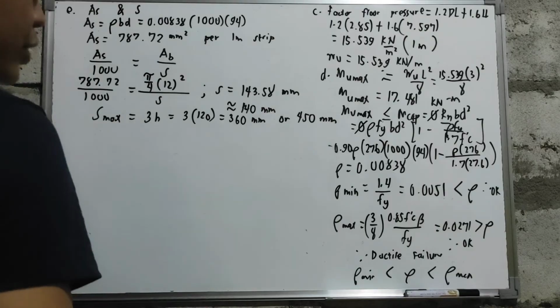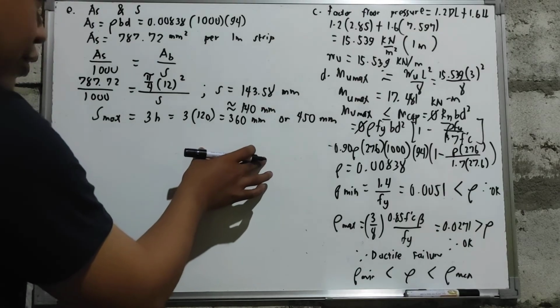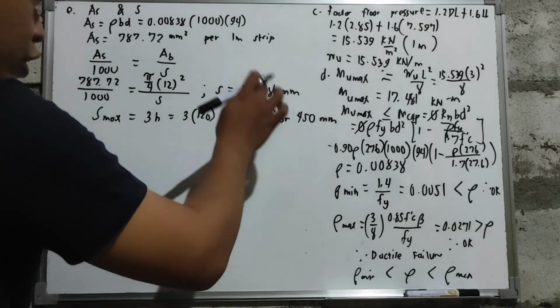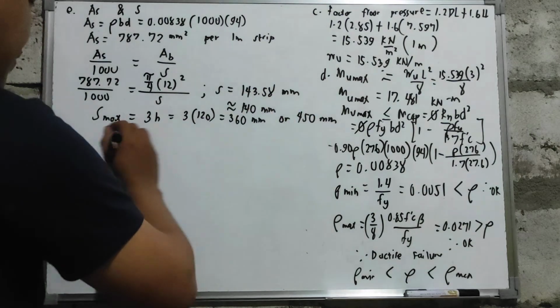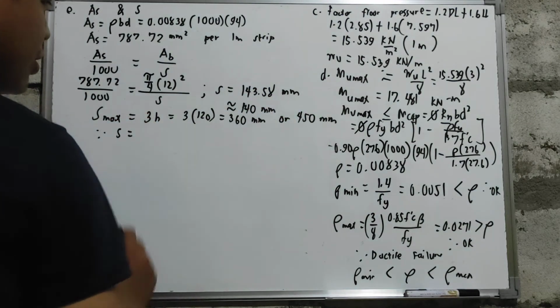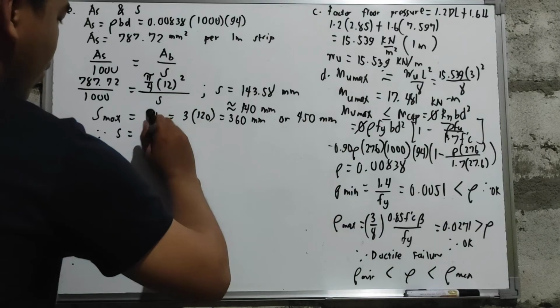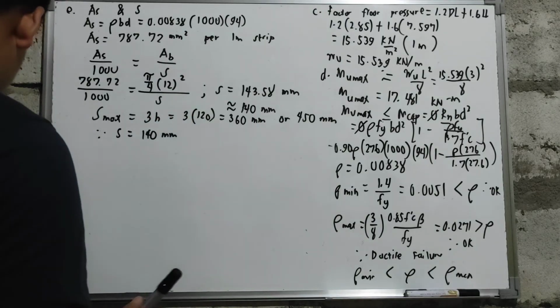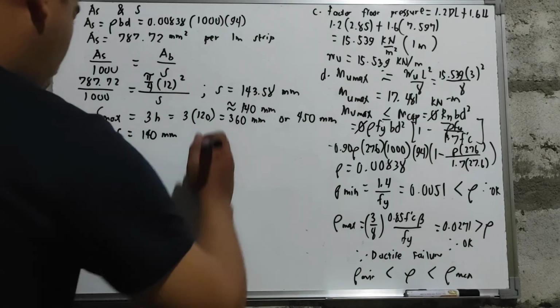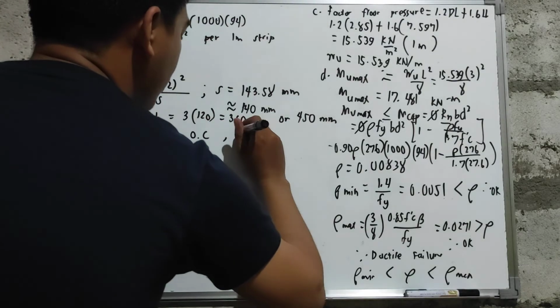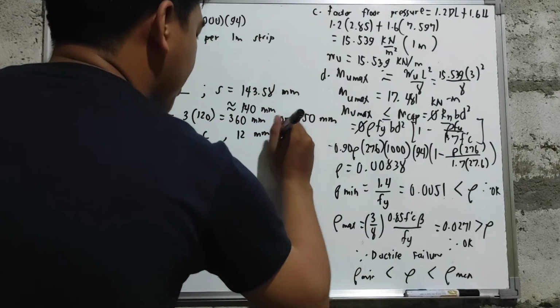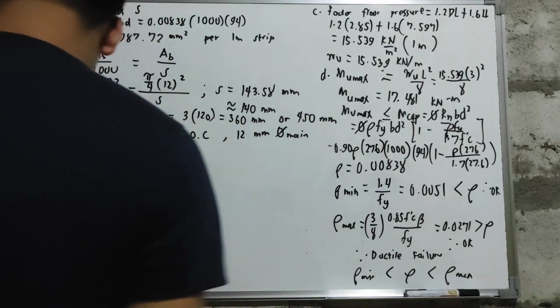So we are going to choose yung smallest value natin among the 3. So you have 140, 360, 450. Therefore, S is equal to yung smallest natin na 140 mm on center, 12 mm diameter main bars.